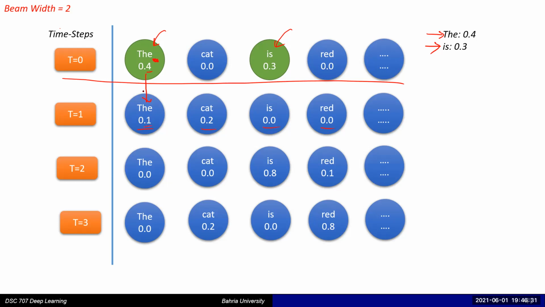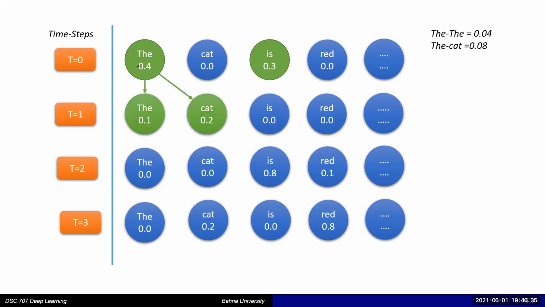So now you see, if I fix the first word to be "the", the most likely choices are that the second word is also "the", or the second word is "cat", because the rest are very low values. What is the probability of the sequence "the the"? 0.4 times 0.1, which is 0.04. What is the probability of the sequence "the cat"? 0.4 times 0.2, which is 0.08. Now we have to repeat the same process by fixing the first word to be "is".